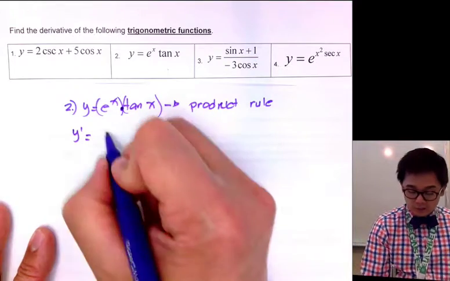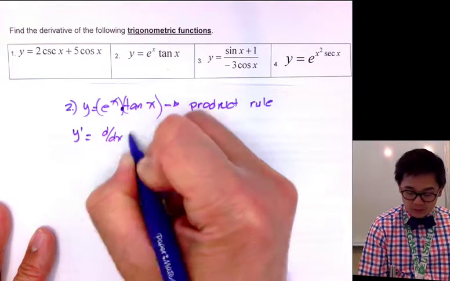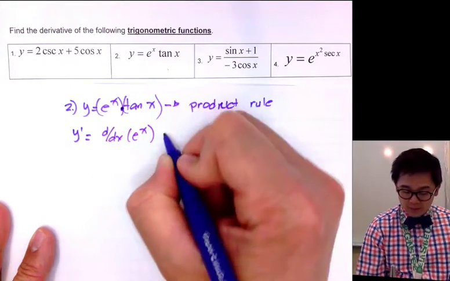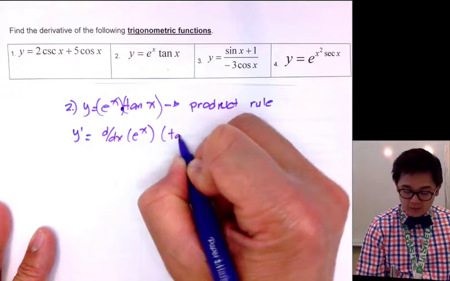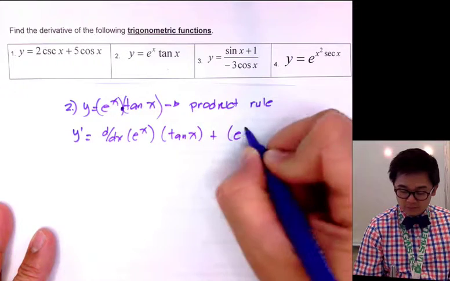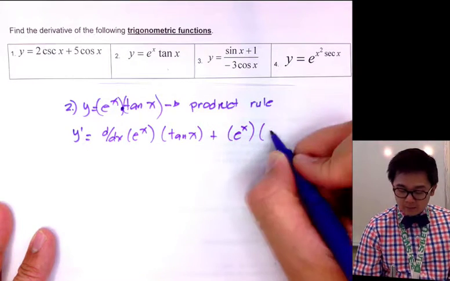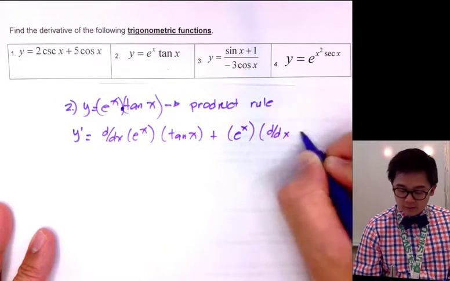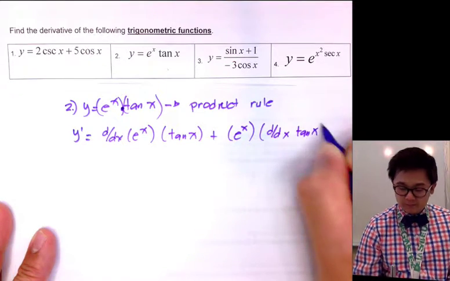So y prime, I'm going to take the derivative of e to the x multiplied by the second function, plus the first function times the derivative of the second function.